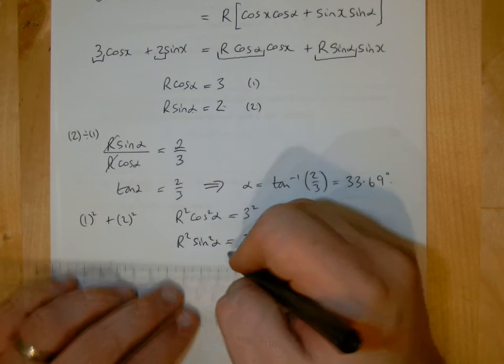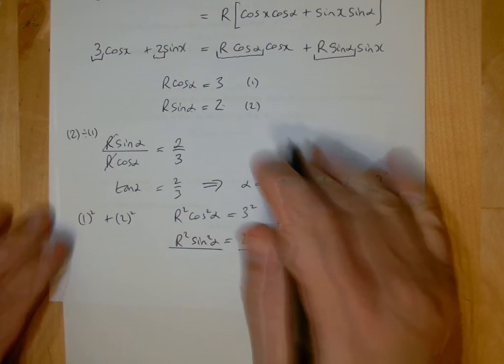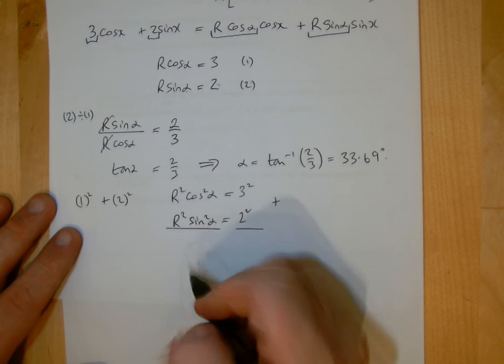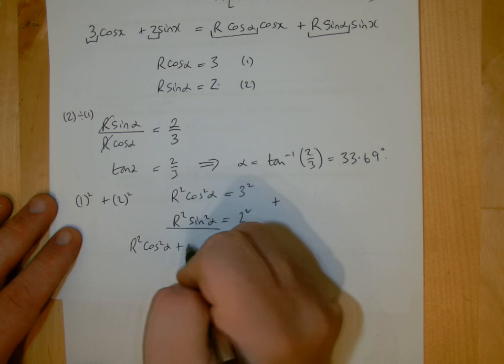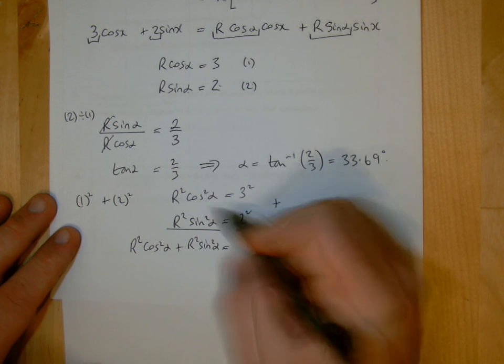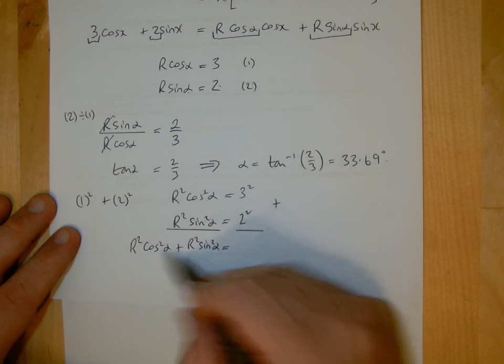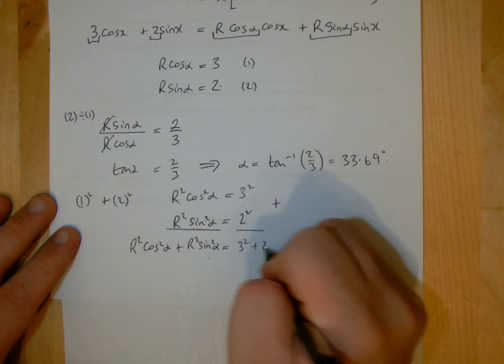As I said, you can add them. So adding, I'm going to have r squared cos squared alpha plus r squared sine squared alpha, and then 3 squared plus 2 squared on this side.